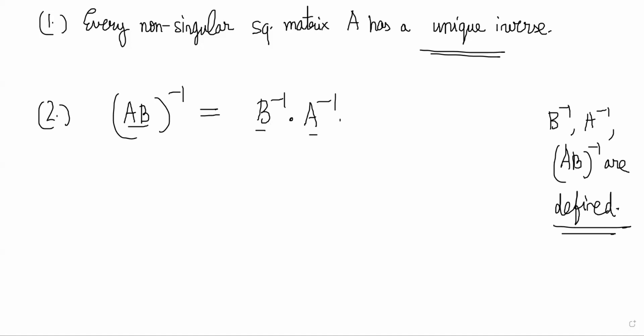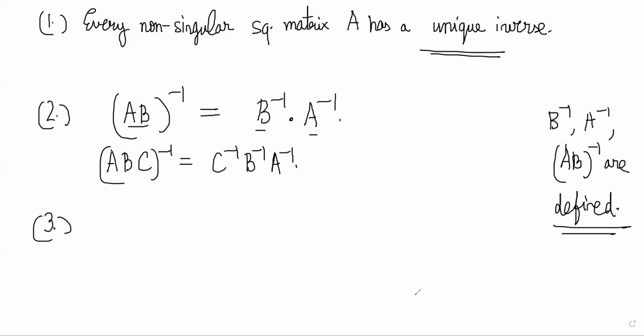So for the product of two matrices, the inverses get reversed. This is also true for any n matrices: ABC inverse would be C inverse, B inverse, A inverse, and so on.